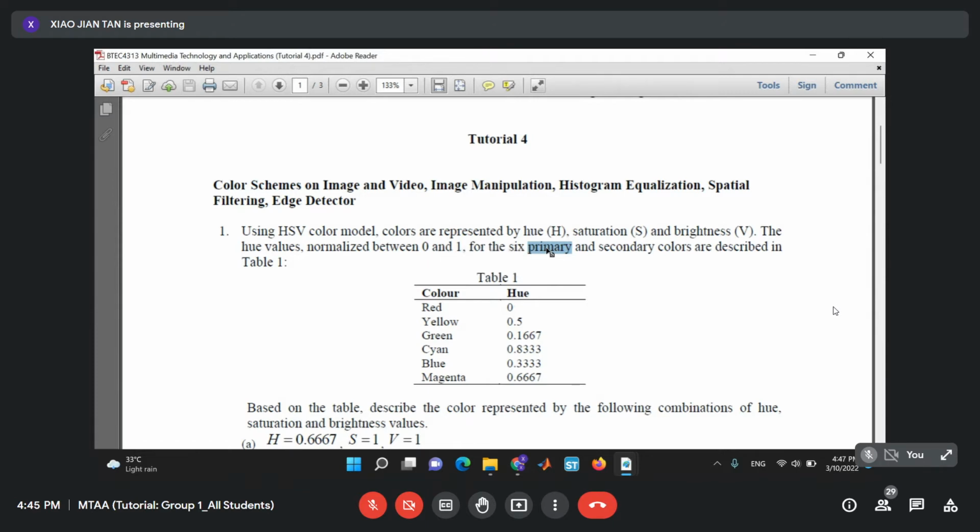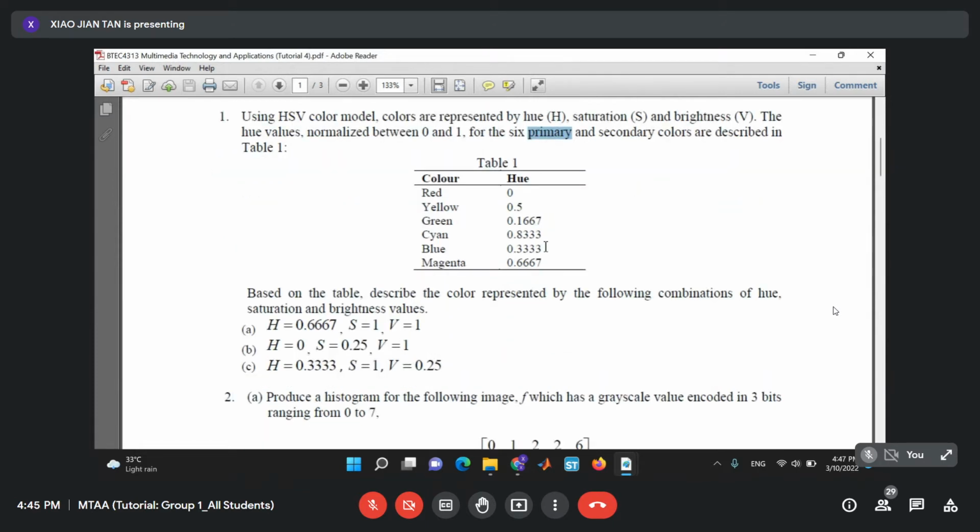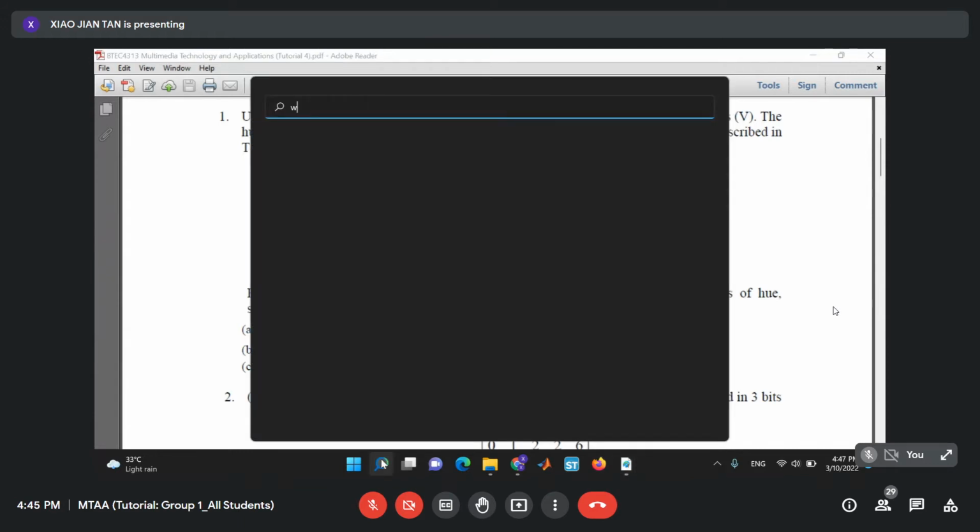Okay. So based on the table, describe the color represented by the following combination of hue, saturation, and brightness value. I hope when it comes to HSV, you have the idea what HSV looks like.